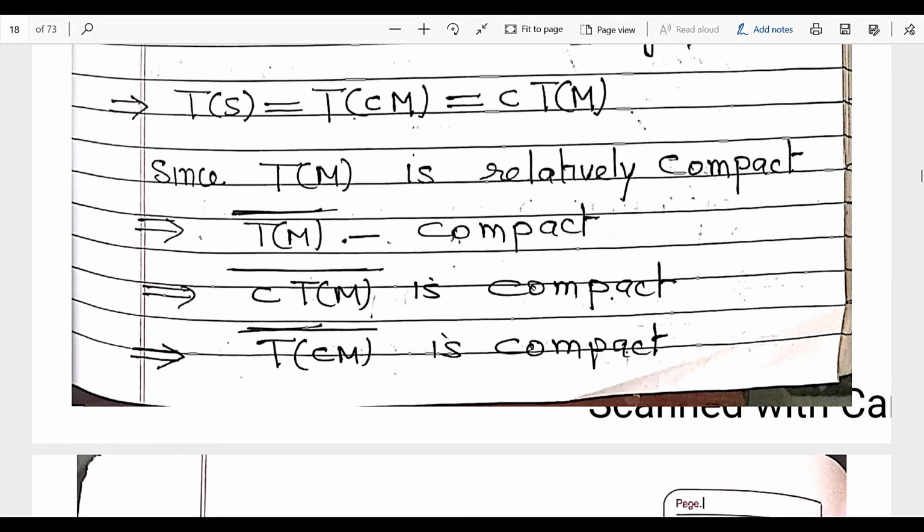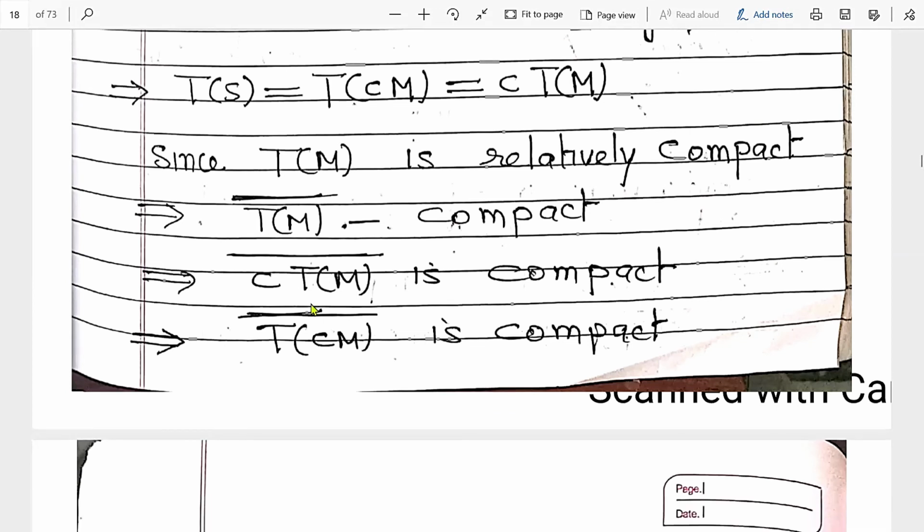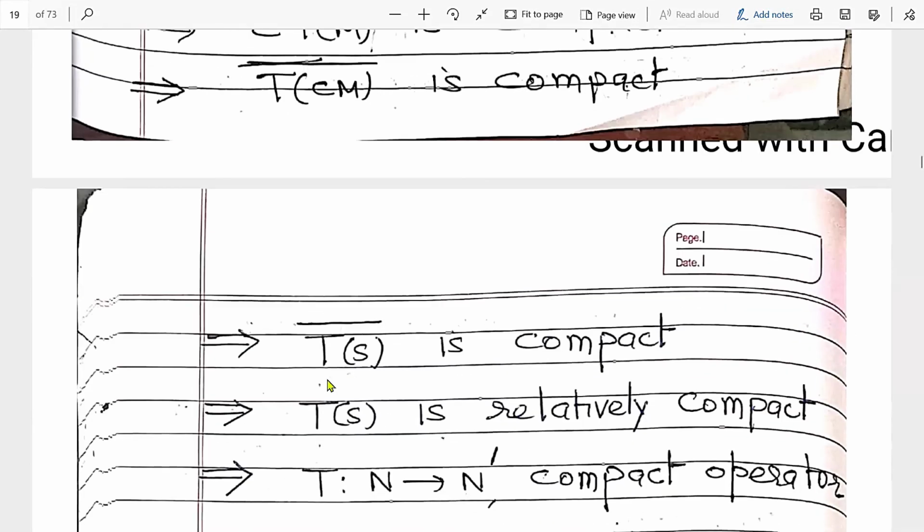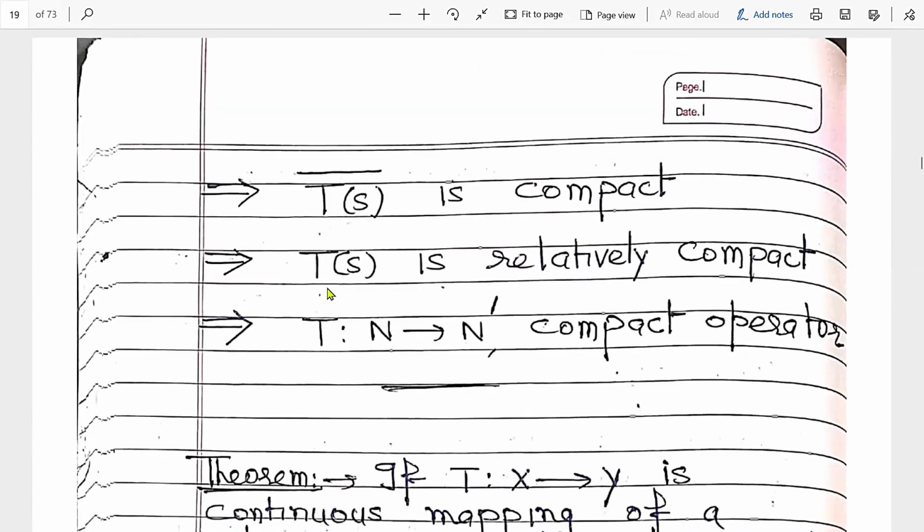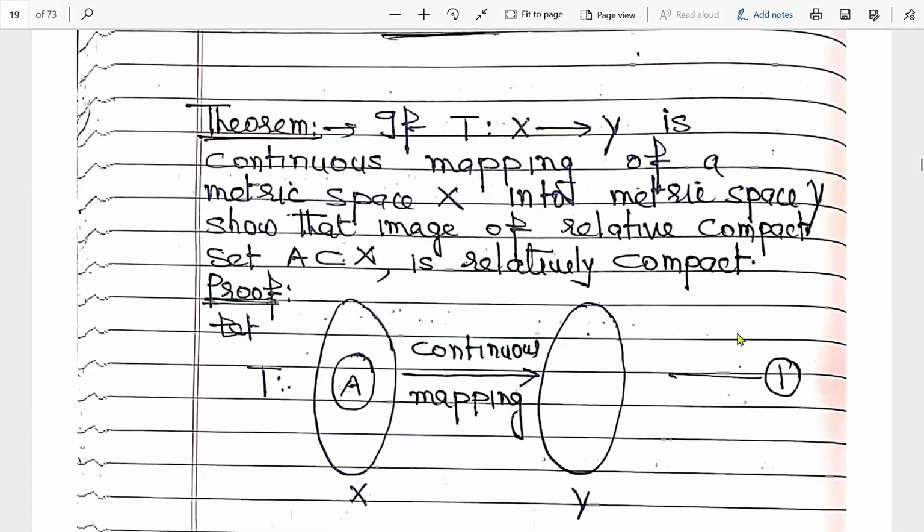If this is compact, what does it mean? It means the closure of TS is compact. It implies T of S is relatively compact, and it implies T from N to N dash is a compact operator, right? So this is our result.